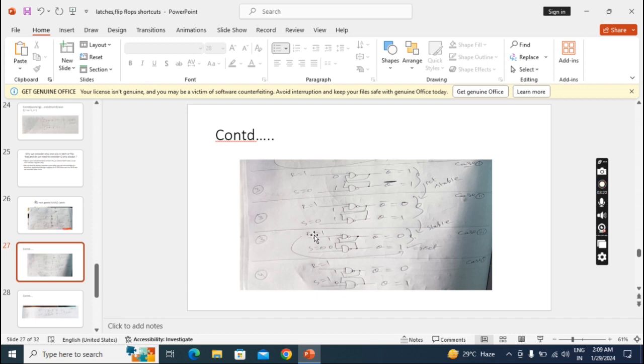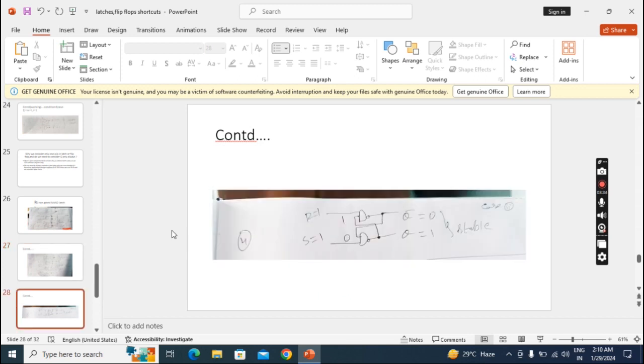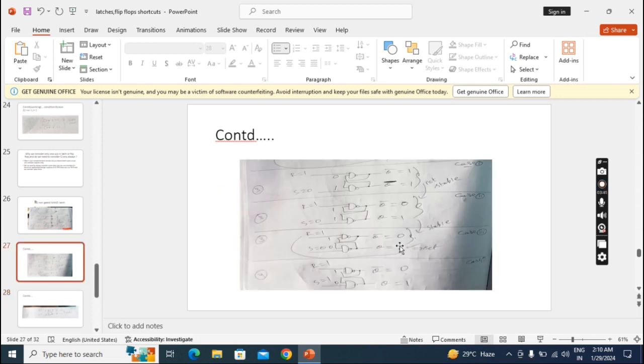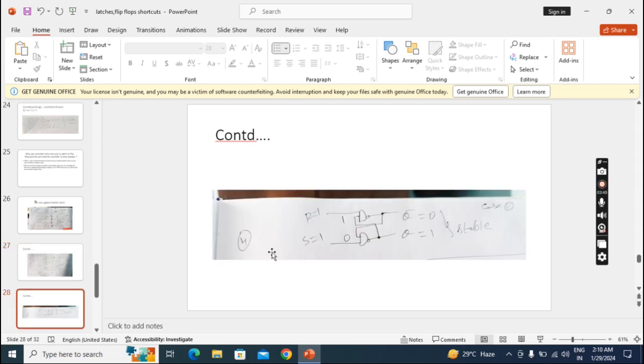And here also you can observe, inputs are different and whatever the R value, that only is coming to the Q. Okay, right. So finally the last condition, when both inputs are 1 1, I have taken two cases to know the stable output. This is the second case. So whatever the third condition's final stable output 0 1, that only I am getting in the fourth condition second case. So this is called hold.